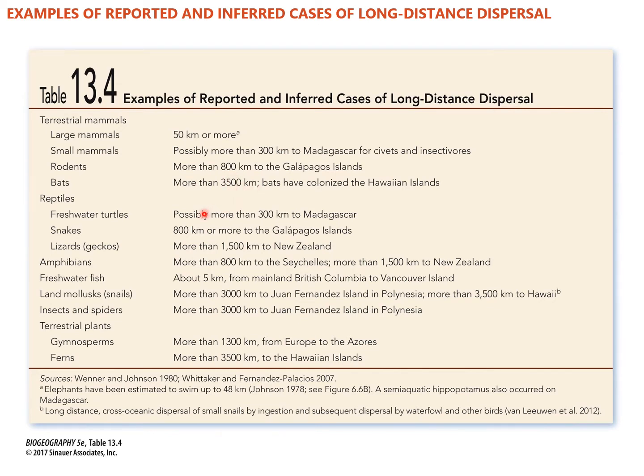This is oceanic dispersal, I should say, not necessarily land dispersal. For reptiles, lizards, 1,500 kilometers to New Zealand, and 3,000 for insects and spiders. Some pretty impressive dispersal rates, but different depending on whether you're looking at terrestrial mammals, reptiles, amphibians or insects. Plants are going to be different as well. So you get different types of species depending on the situation.